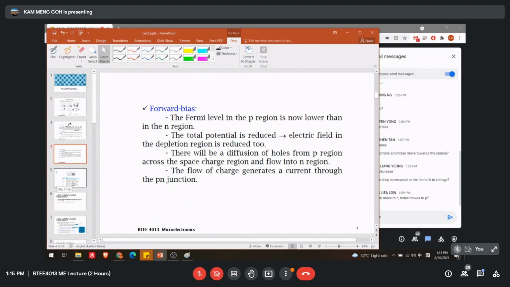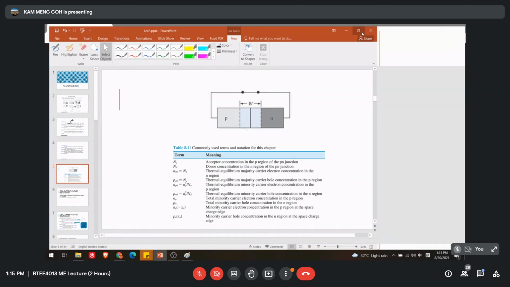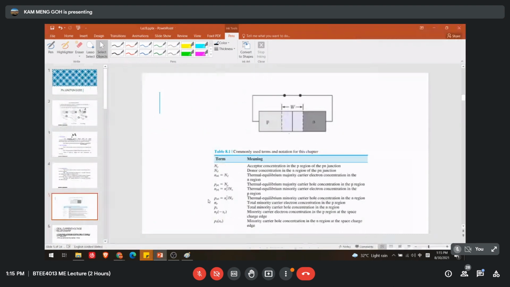Okay, so let's see the next one. This one is a little bit confusing, but let me explain it one by one. You can see here a bunch of terminology, but what are these things about? Okay, let me copy here to here.